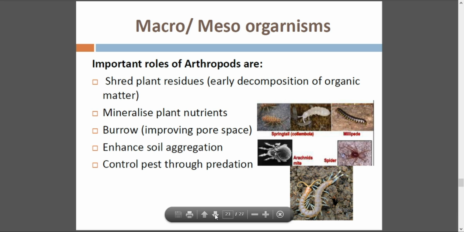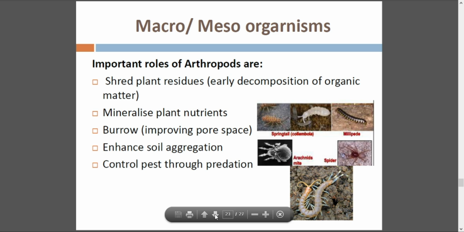Then under the microorganisms, we have the protozoa, which are single-celled organisms, but they are larger than the bacteria. In the food web, we see that the protozoa feed primarily on bacteria, but can also feed on other protozoa. The protozoa are mostly abundant near plant roots, where there is a lot of bacteria and organic matter.